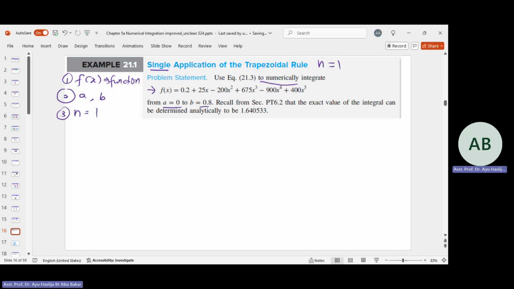In this case, N equals to 1. Now this is the true value. How to get the true value? Calculator, yes. Integrate the value over here. How do you use the calculator?